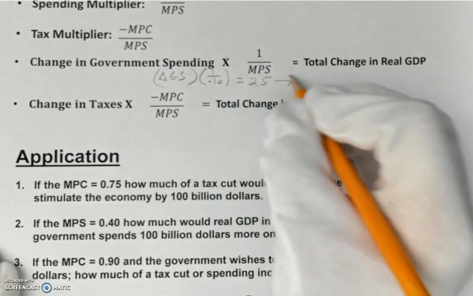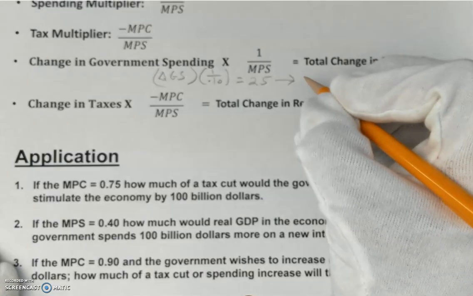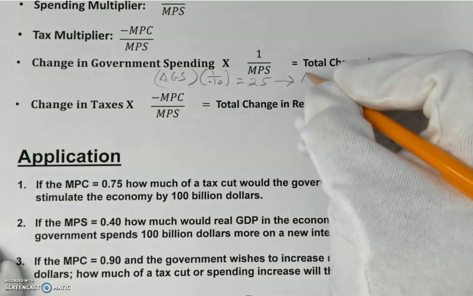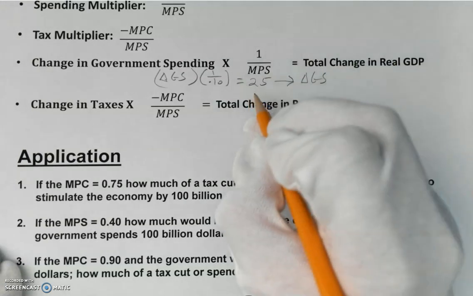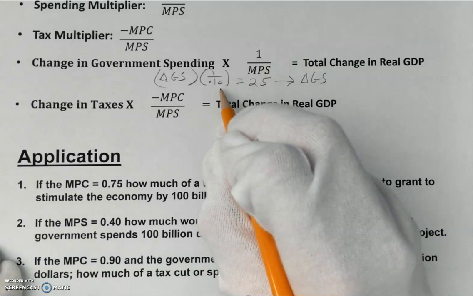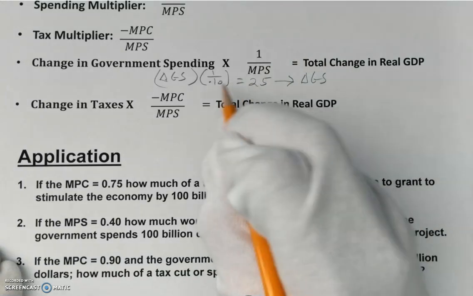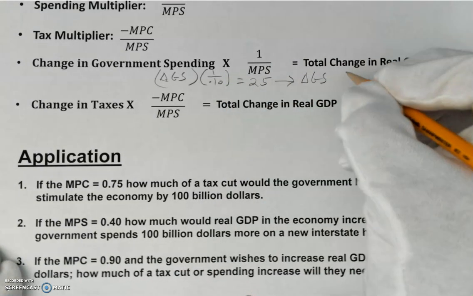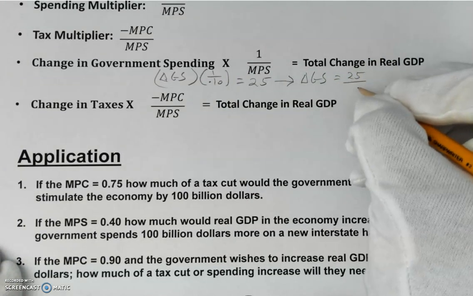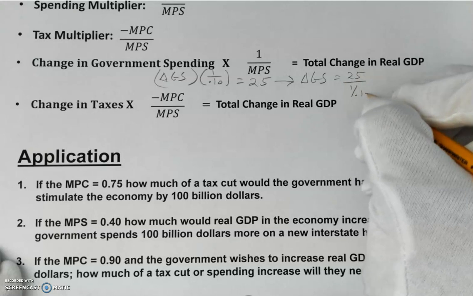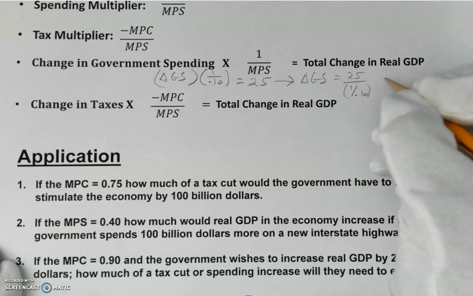So given that, to do this we would follow the same mathematical procedure. We'd take 25 and divide it by 1 over 0.1, which is 10.